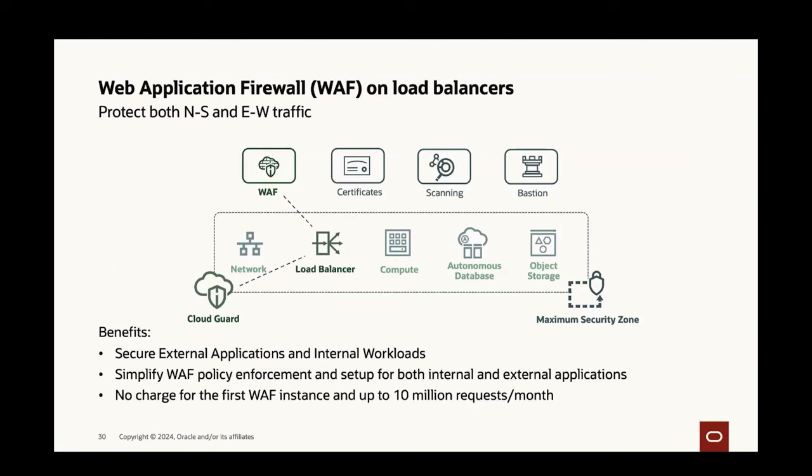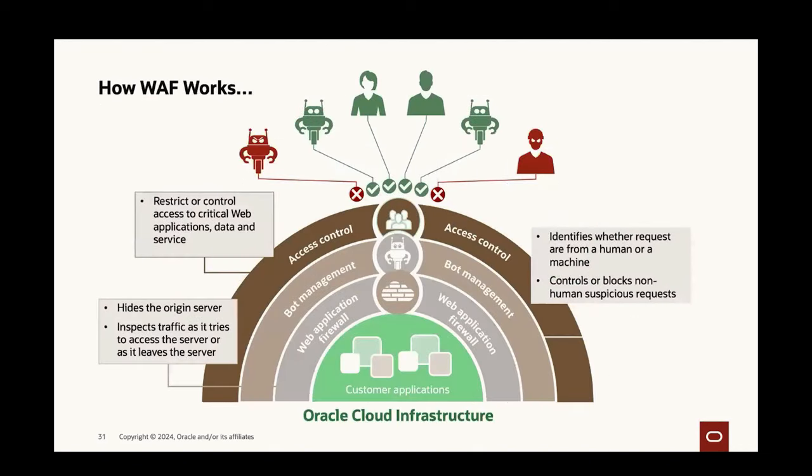WAF can protect any internet-facing endpoint, giving you consistent rule enforcement across your applications. It also provides the ability to create and manage rules for internet threats, including cross-site scripting, SQL injection, DDoS, and others. And here's a quick graphic to show some of the different layers in the WAF service to either deny or allow access. We'll dive into these a little bit more.